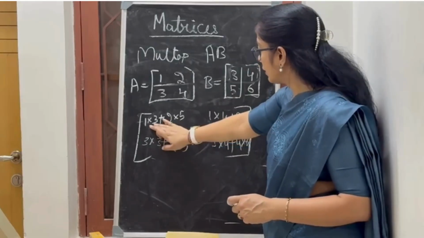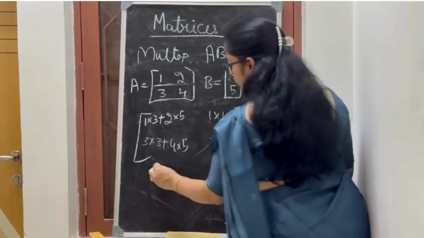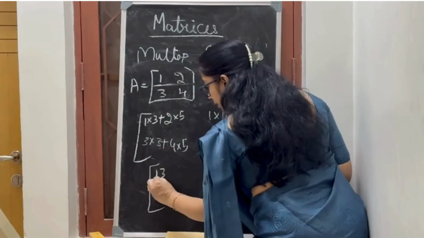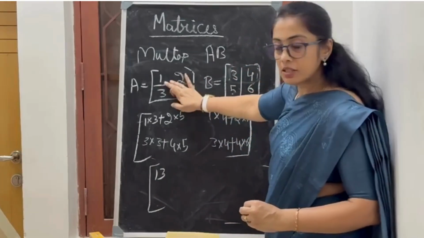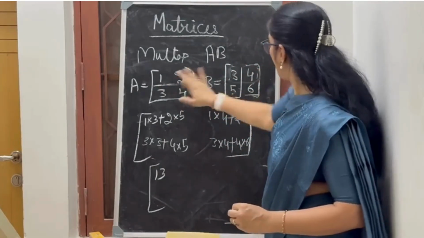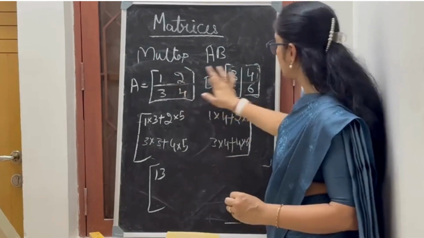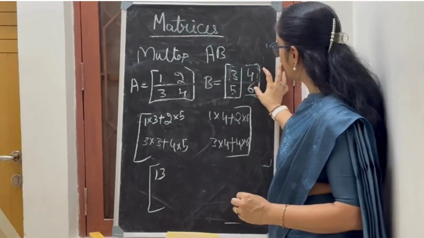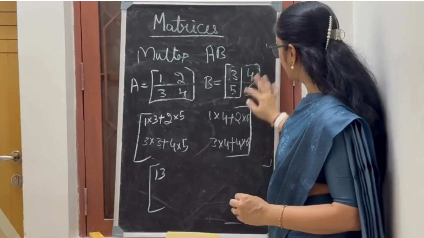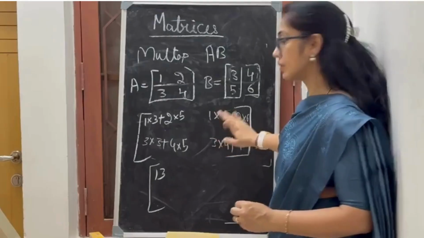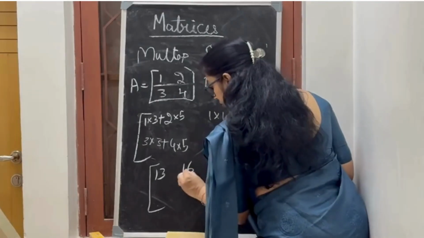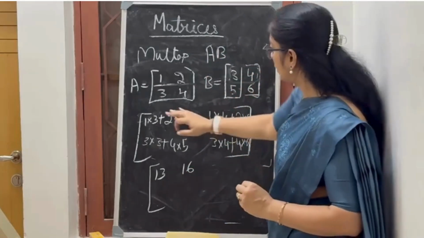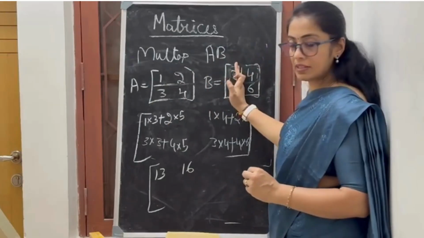So what will you get? 3 plus 10, 13. So my first number is 13. Then first row, second column, 1 into 4 plus 2 into 6. So how much is that? 4 plus 6 2s are 12. 12 plus 4 is how much? 16. Okay, second number.